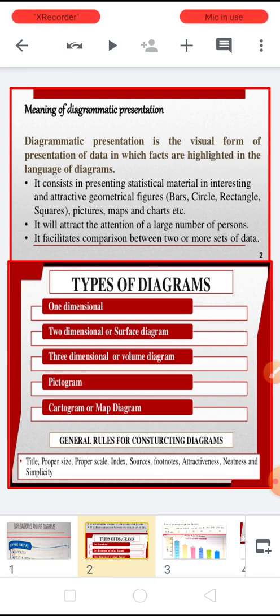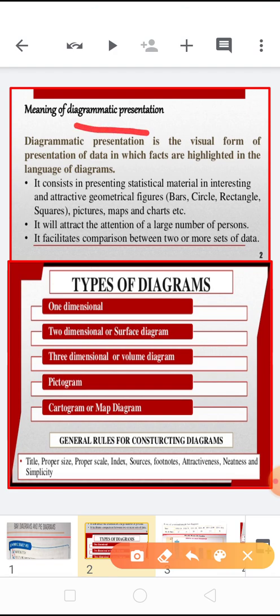Thus, to understand the various trends of the data and to facilitate the comparisons of the various situations, the data are presented in the form of diagrams and graphs. So diagrammatic presentation is discussed in this chapter, and the next, that is the graphical presentation of data, is being presented in chapter number 7. You are going to learn the graphical presentation of data in chapter number 7.